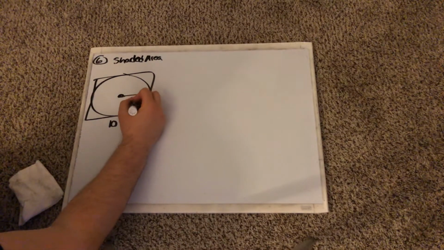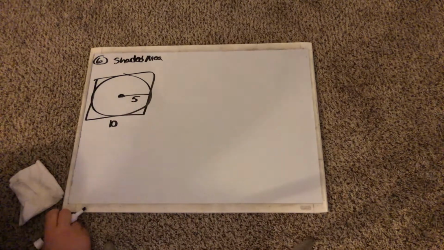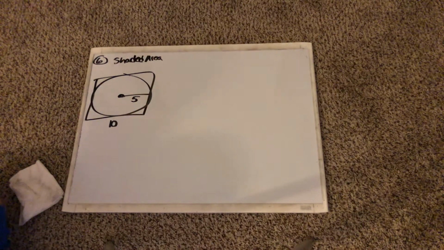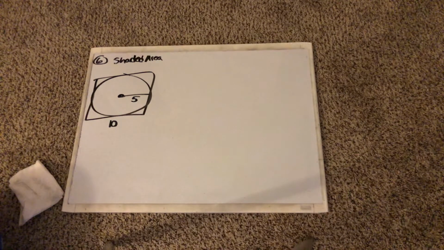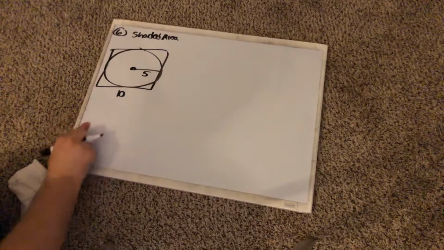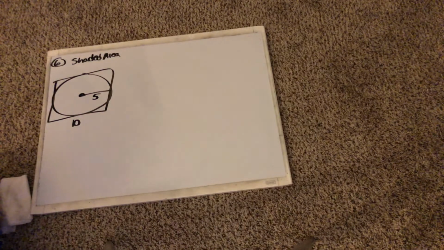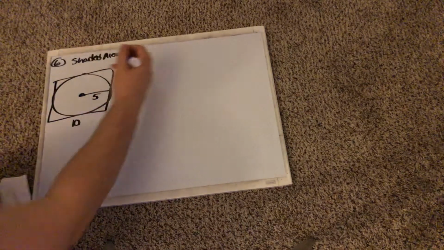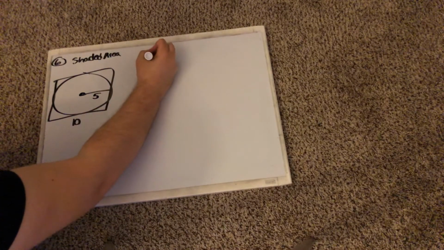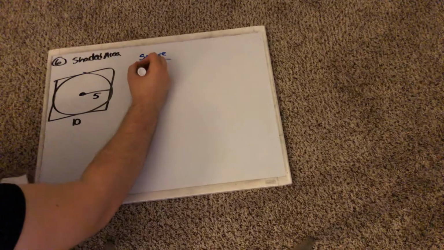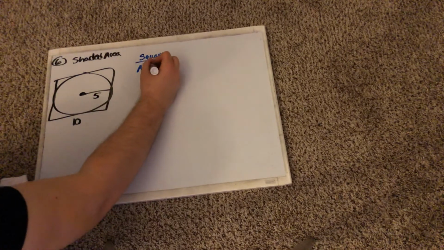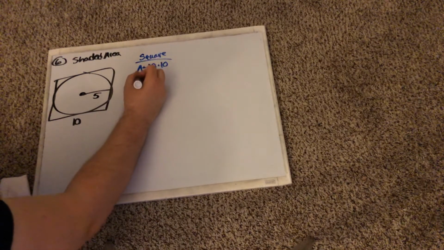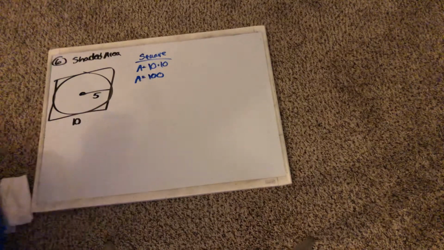That's 10. That means the radius has got to be 5. And I'm telling you that this is going to be a square. So we know how to find the area of a square. Area is just base times height. 10 times 10. The area is 100.